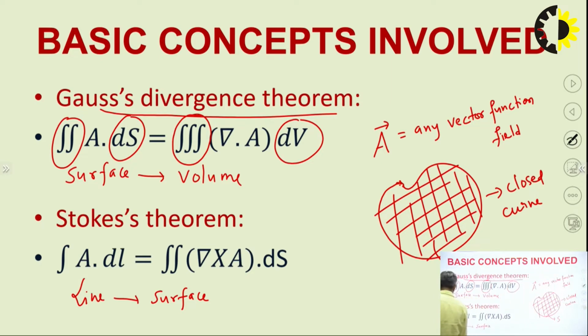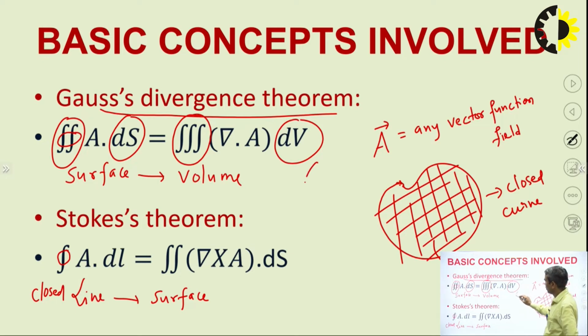Better we call it closed line. A closed line can be related to a surface. So, here the integral must be closed, so we put a circle symbol over the integration. And similarly, in case of surface, the surface also must be closed.